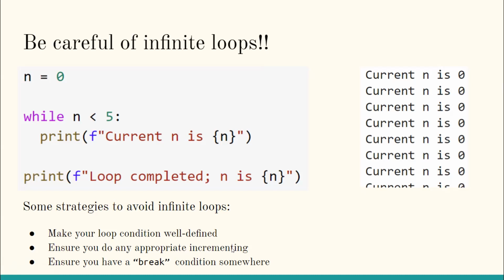In previous examples, you would have seen n plus equals 1, where we were incrementing n by 1, so that eventually the Boolean expression will be false and the while loop will break. Finally, ensure that there's a break condition somewhere. In the very previous example, we had the break keyword that was activated once a specific condition was true.